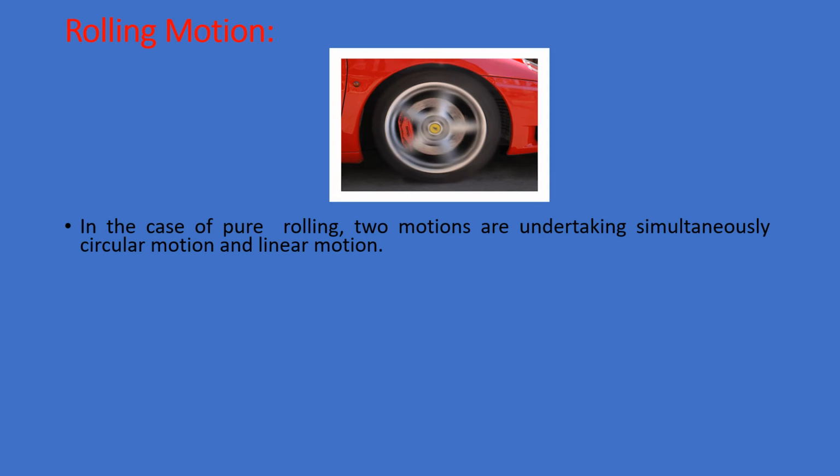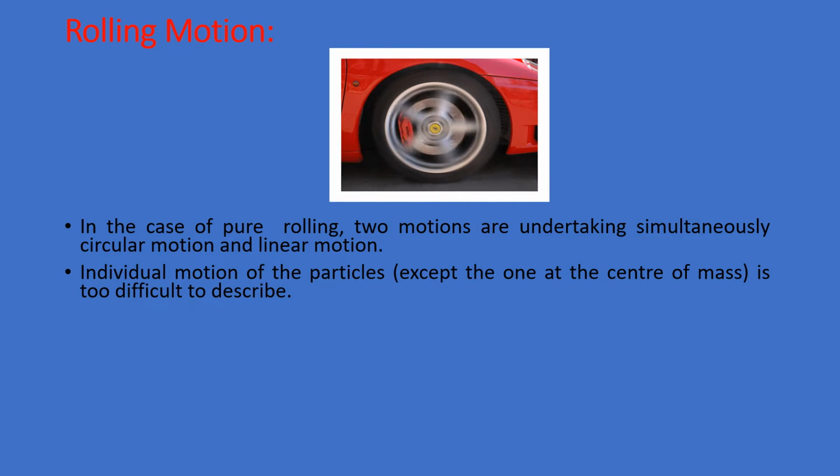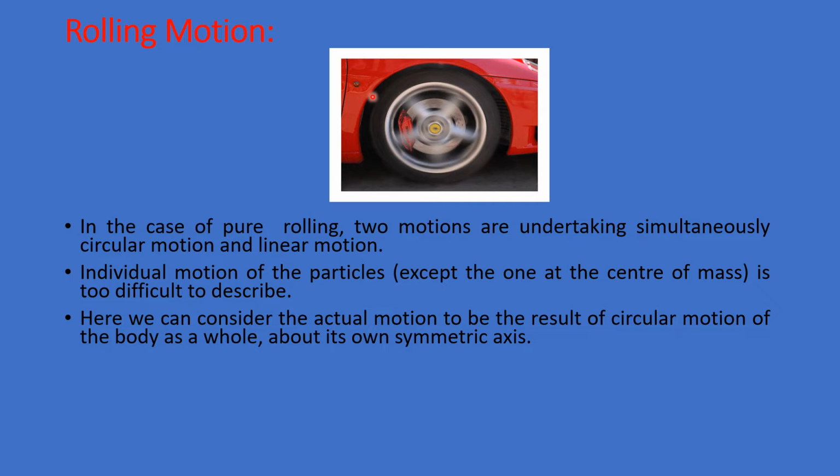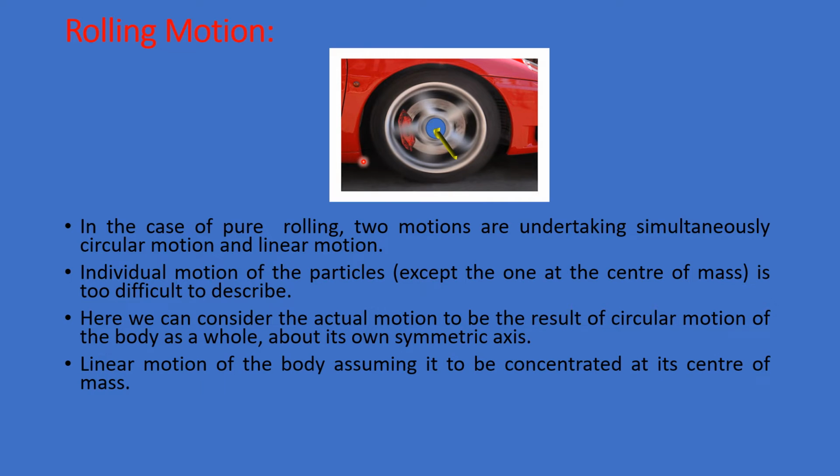In this case, it is very difficult to describe the motion of individual particles of this wheel, and hence we can consider the actual motion to be the result of circular motion of a body as a whole about its own symmetric axis, which is passing through the center of the wheel, and the linear motion of a body assumed to be concentrated at its center of mass.